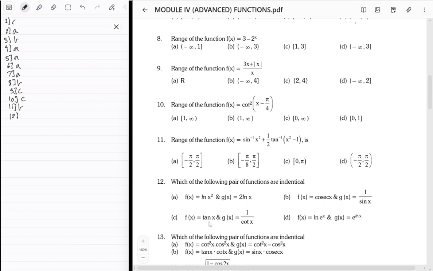What about this guy? Tan x and 1 upon cot x. I guess maybe. Wait a second. No. So think about it. At x equal to pi upon 2, this thing, maybe not. No, wait. Not pi upon 2. It should be something else.